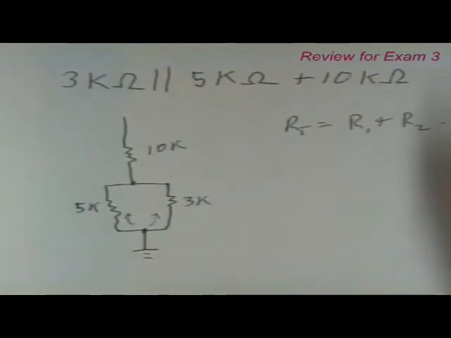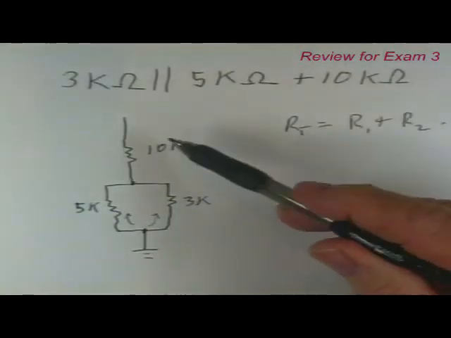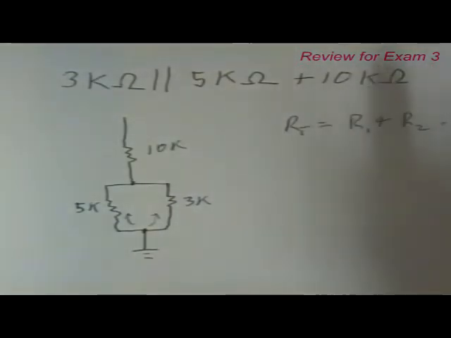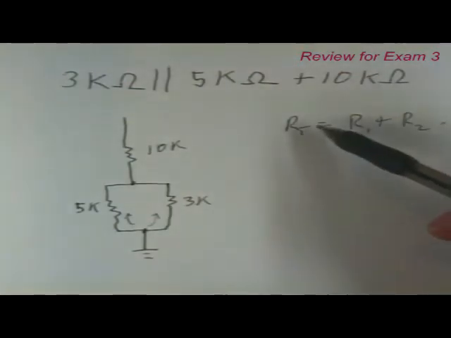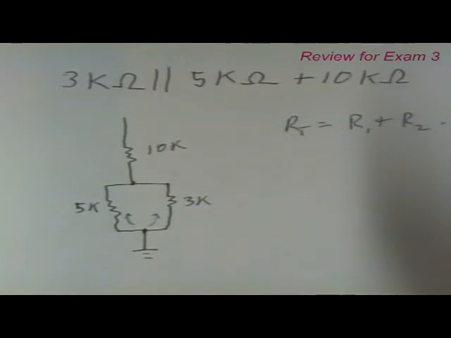And as a consequence, you can see that you're going to have something added to this 10K. And if in fact you get a total RT less than 10K, then in fact that problem needs to be reworked. Now, let me recommend to you, if you have time on an examination, to always work these problems twice.